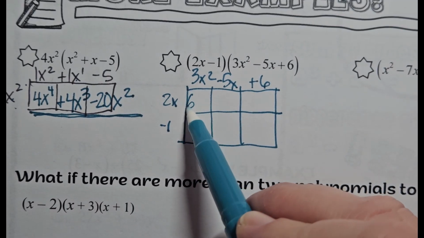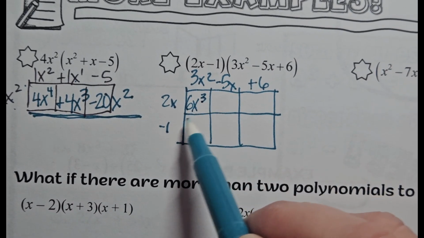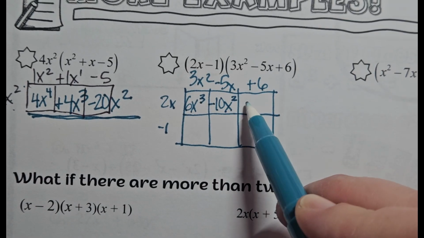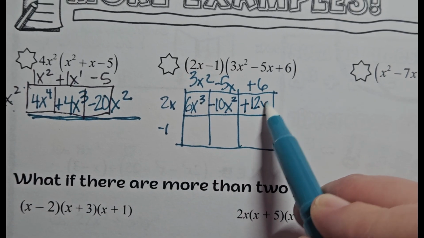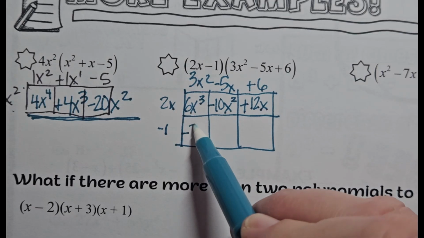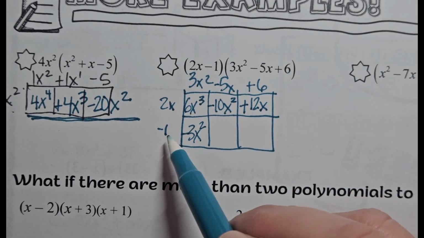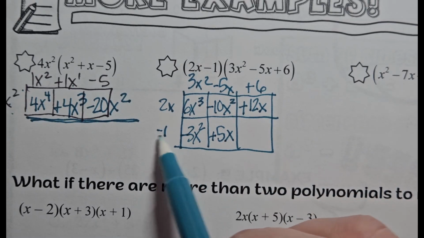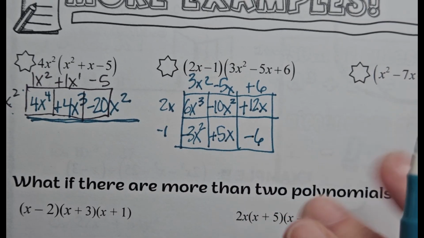So multiply the numbers, add the exponents, so 6x cubed minus 10x squared plus 12x minus 3x squared, negative 1 times negative 5, positive 5x, negative 1 times 6 is negative 6.